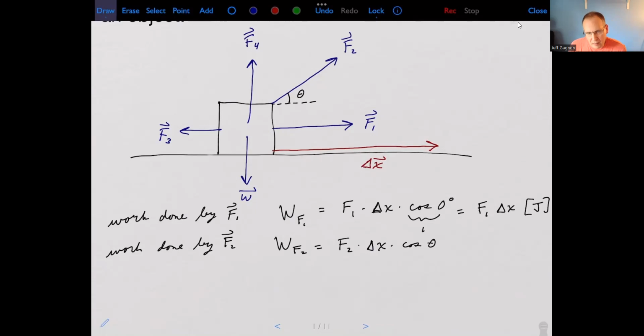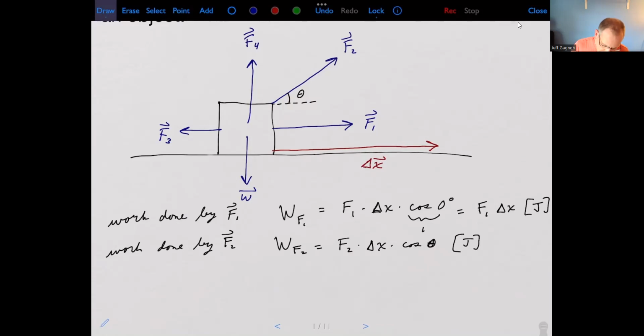Because I don't know the actual values, I'm just doing this in general, you'd have to know the angle, know the magnitude of the force F2, know the magnitude of displacement. You plug those values in, and that will give you the work done by this force F2. So notice here, it's only the parallel component that's going to matter, right? That's where the F2 times cosine of theta comes in. Okay, so that also will be in joules.